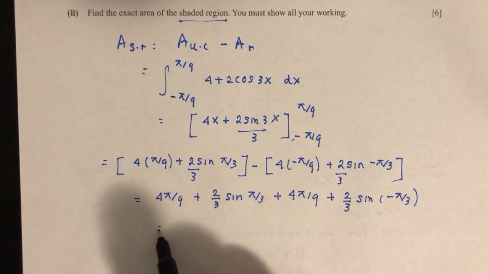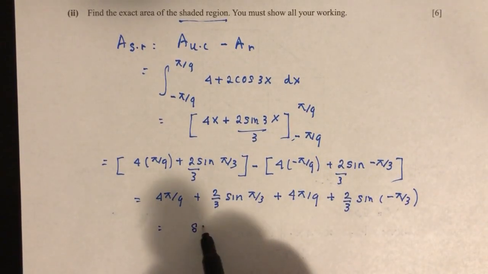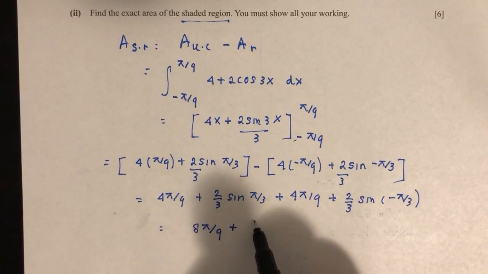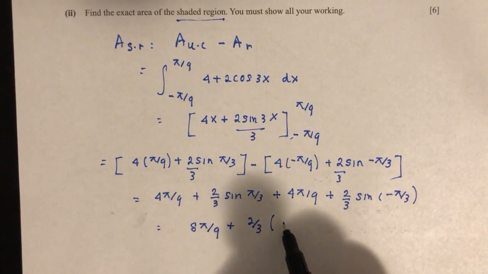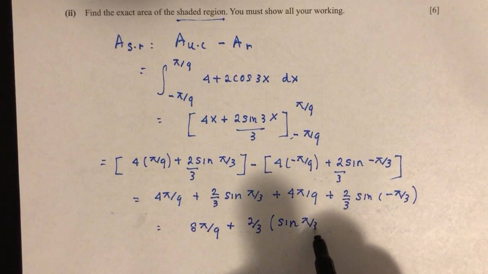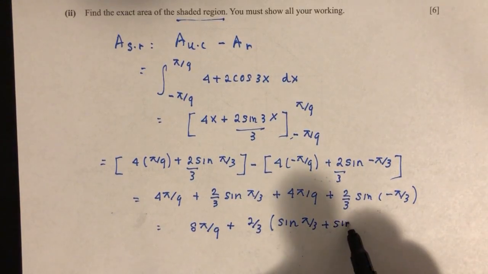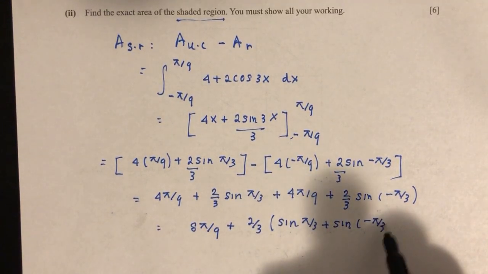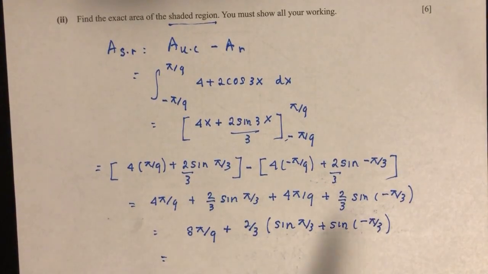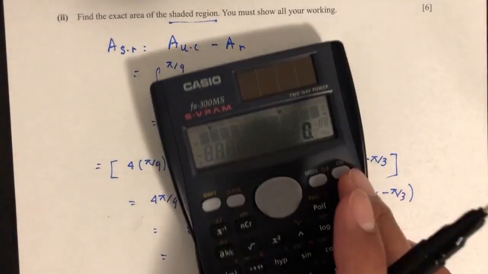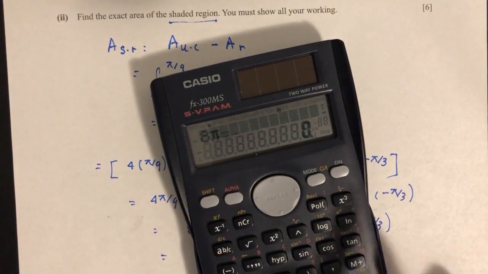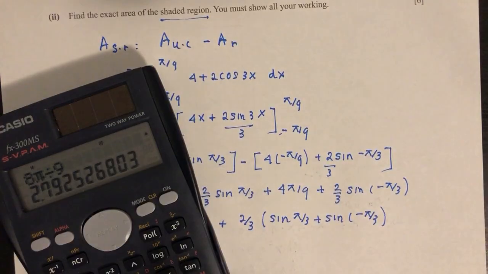So that will be 8 pi by 9 plus 2 over 3 times sine pi by 3 plus sine of minus pi by 3.